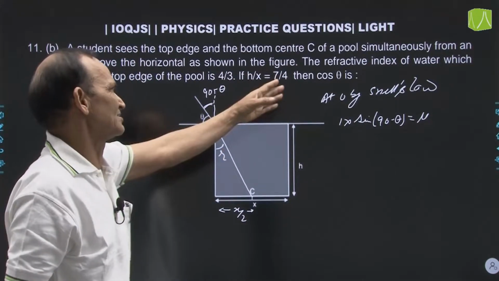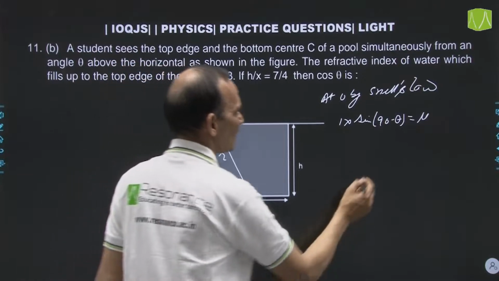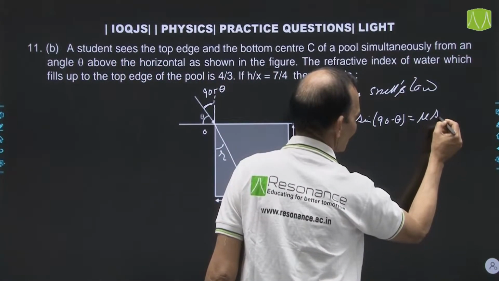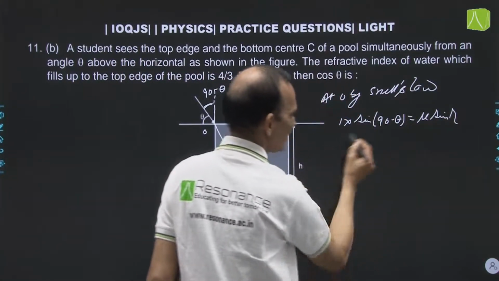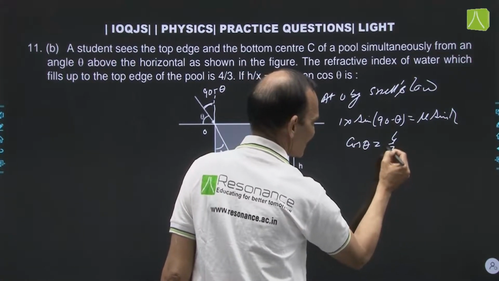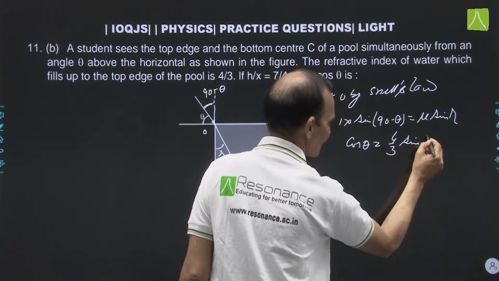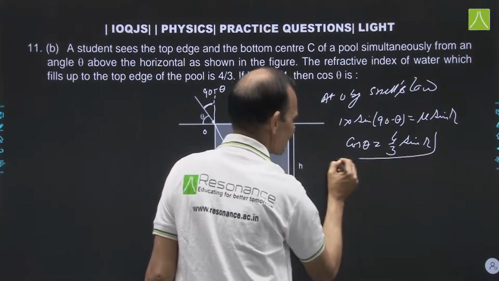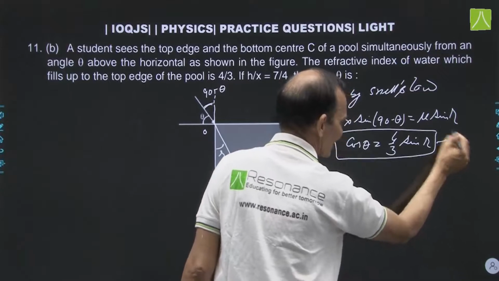The refractive index mu is given 4 by 3. So cos theta is given 4 by 3 into sin of r. It must be the answer, but we have to put the value of sin of r.